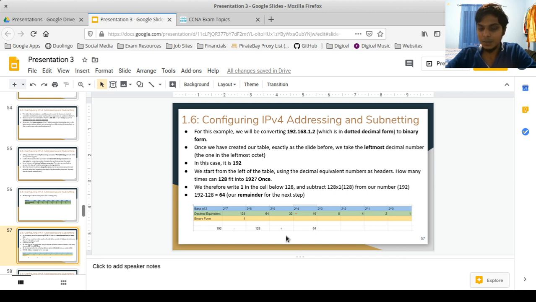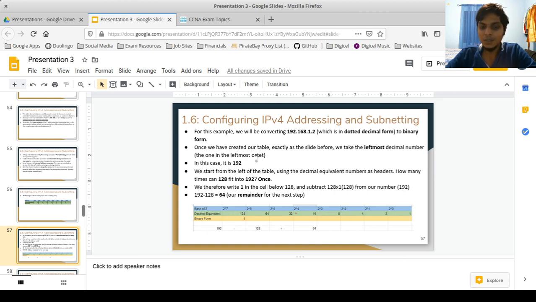Right? Everybody following? Pause the video now and just follow through the text again if you lost. Just to go again, we took the number here, 192, and this is what we convert first. We start from the left of the table, using these decimal equivalent numbers as the headers.